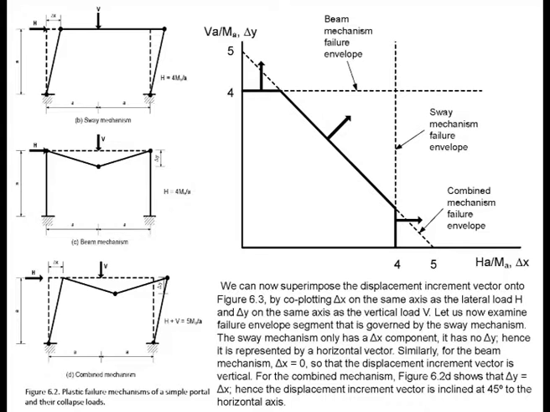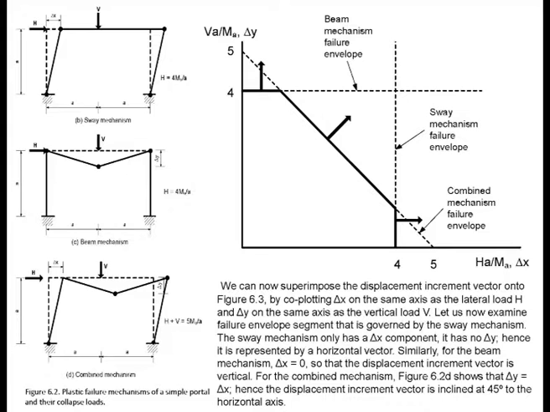And then you would have the other extreme, which is called a beam mechanism. The H is very small, but V, the vertical load, is very heavy. So if the vertical load is very heavy, the horizontal load is not enough to cause any plasticity. The vertical load can cause the plasticity. What happens? You get a thing moving downwards like a beam, collapsing like a beam.